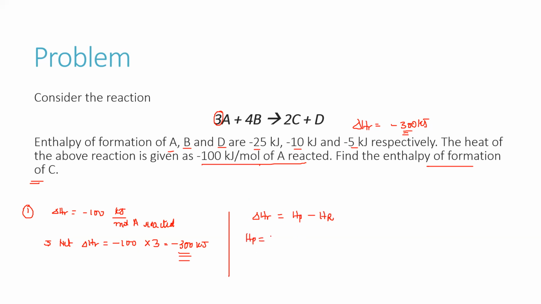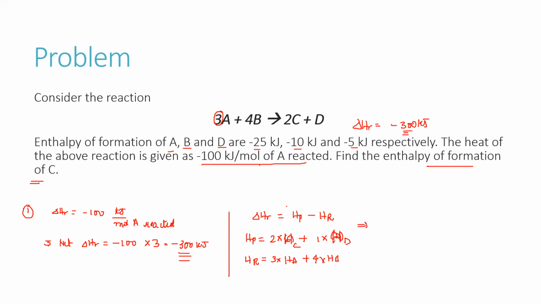HP is going to be 2 into enthalpy of formation of C plus 1 into enthalpy of formation of D. And enthalpy of reactants is going to be 3 into enthalpy of formation of A plus 4 into enthalpy of formation of B. Here also you can write HC and HD, right? So we've got the enthalpy of products and the enthalpy of reactants.